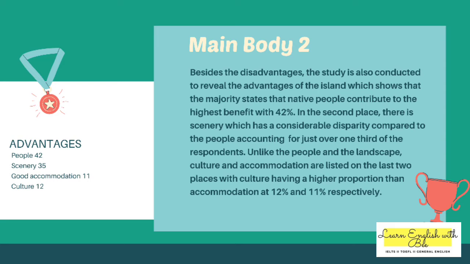Okay, very clear that this is based on the second highest about the scenery or landscape, and then I modify the sentence using which has a considerable disparity compared to the people.